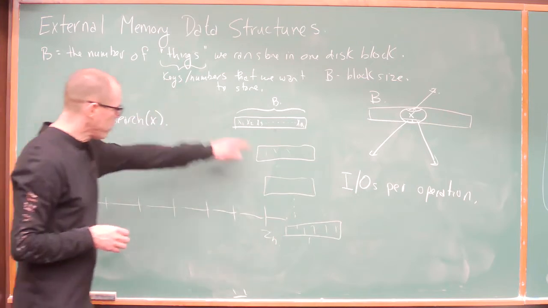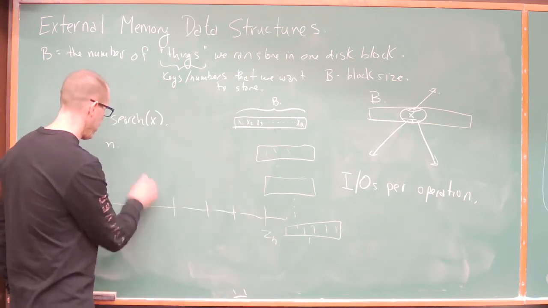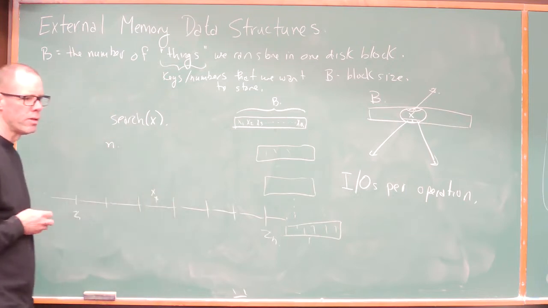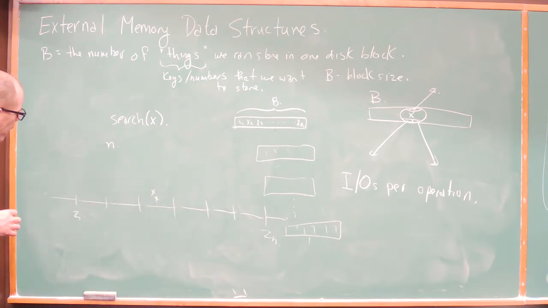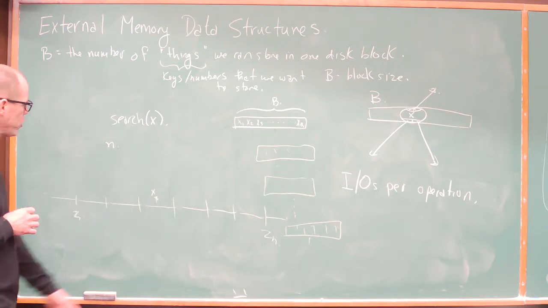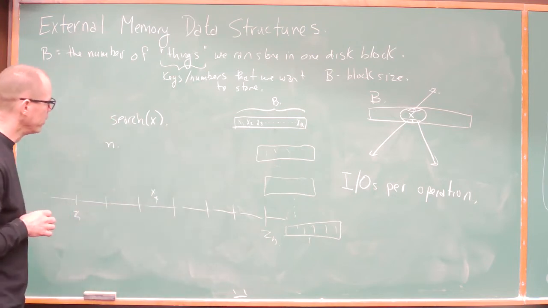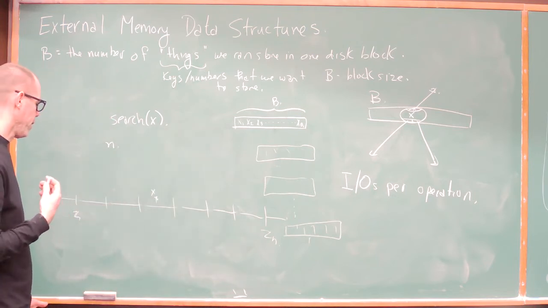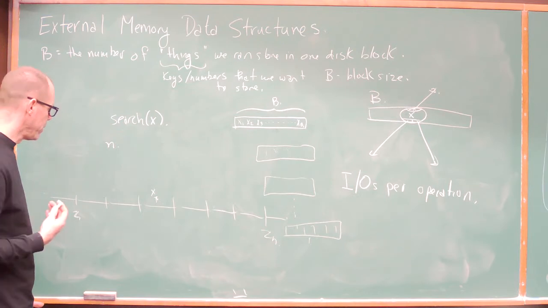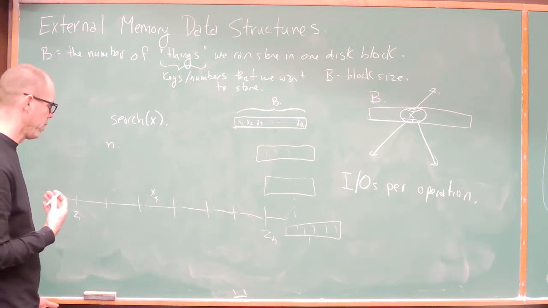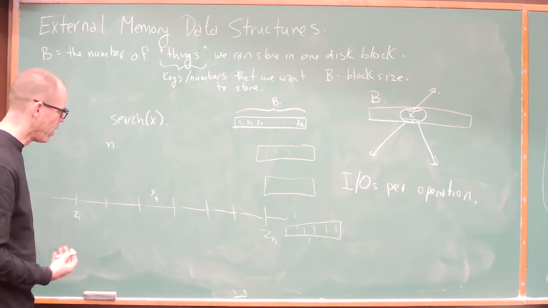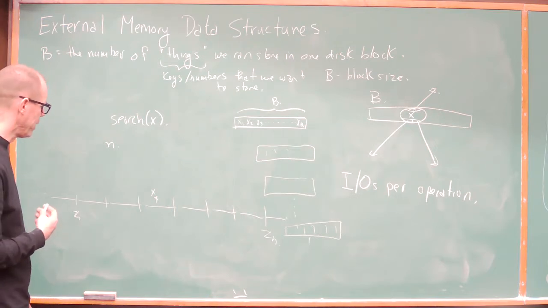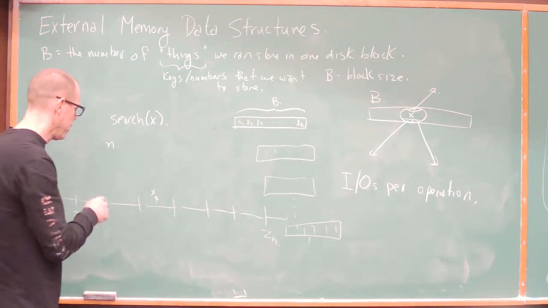And by doing this search, I figure out exactly which of these n plus 1 intervals the number x that I'm searching for lies in. And each block that I read only reduces it, there's only these b plus 1 possible outcomes.